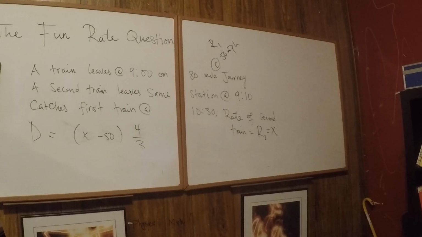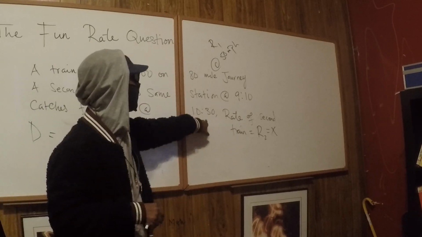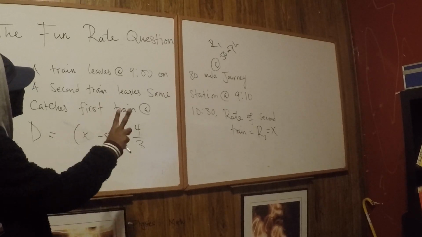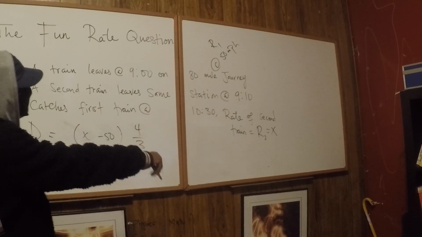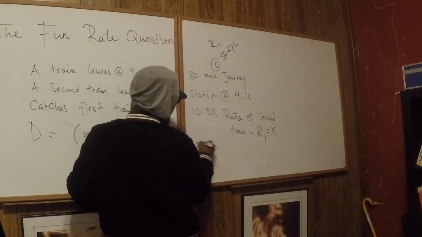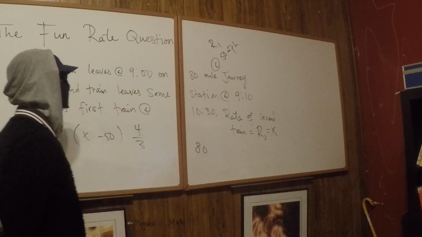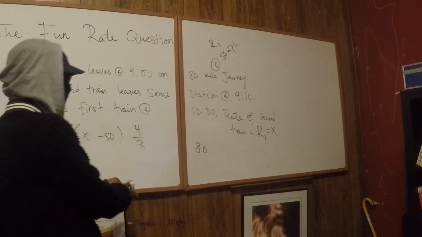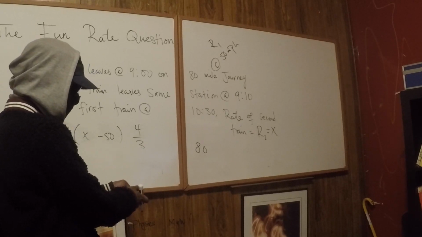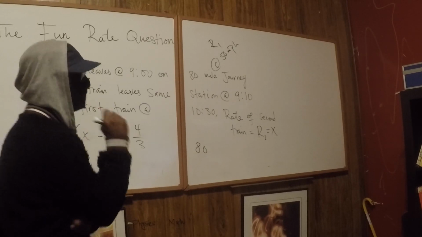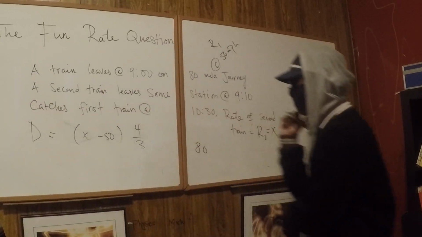And since the second train caught up at 10:30 and the second train left at 9:10, it took 80 minutes. Like no, hold on, that's not the way to say it. So there was an existing gap between the two trains. No, that's not what I want to do.